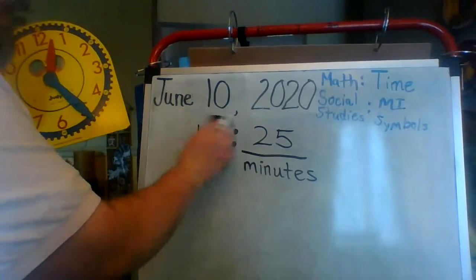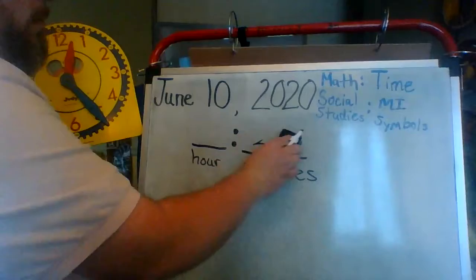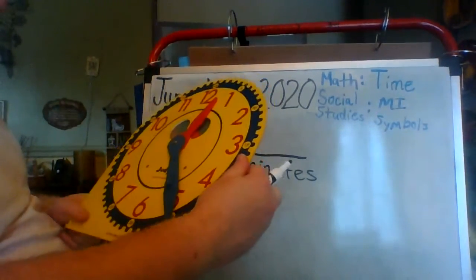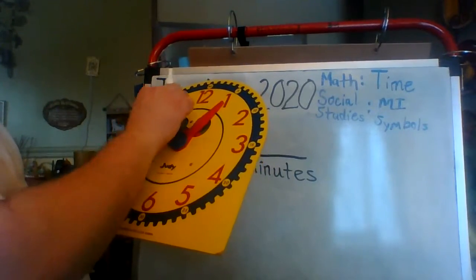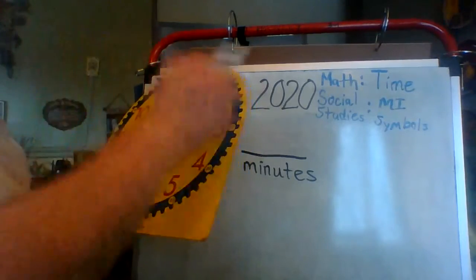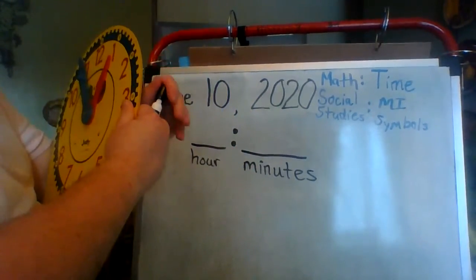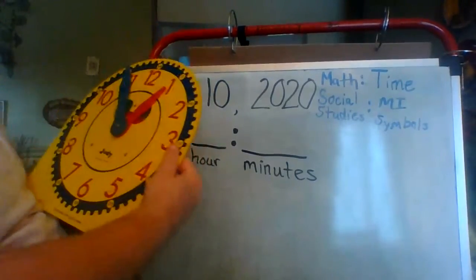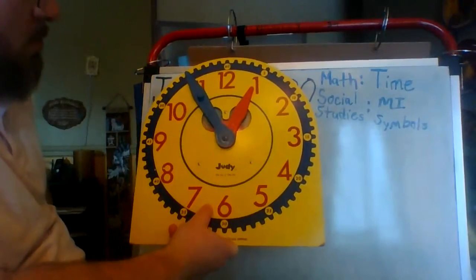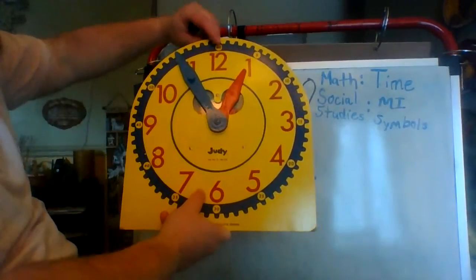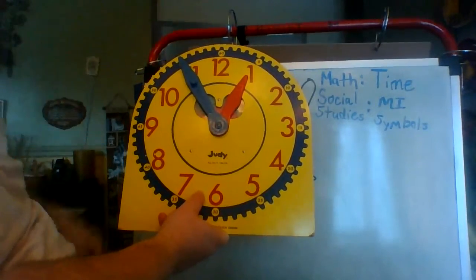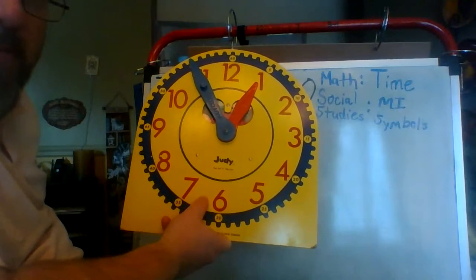Let's try another one. I'm intentionally doing one that can be a little tricky. The closer the minute hand gets to the 12, the harder it is to tell which hour we are at.